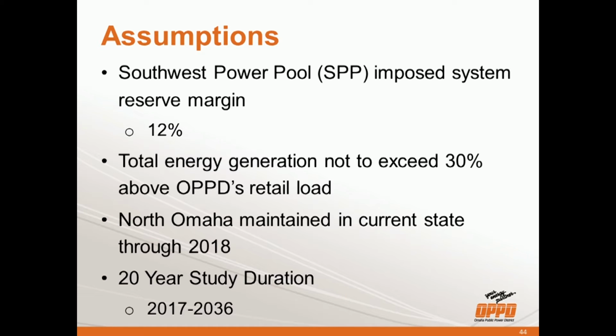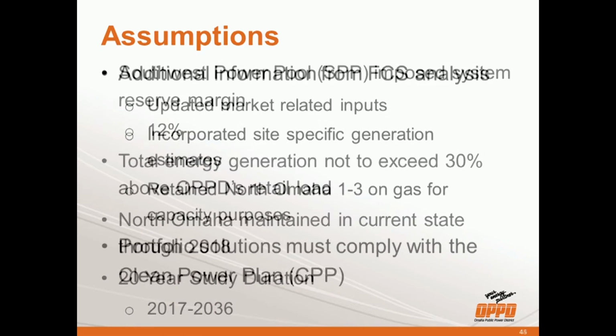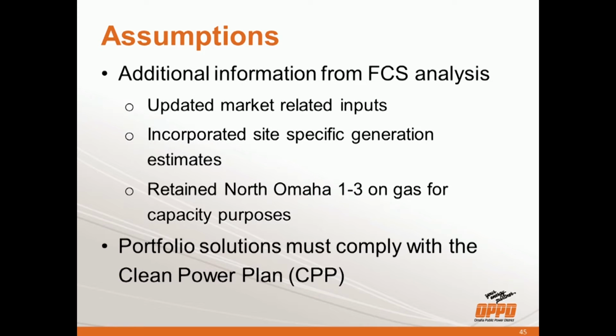Kind of the final set of assumptions that we use is there was a handful of things that we were able to update from the efforts that we went through from the Fort Calhoun Station modeling. We did update market-related inputs, so any sort of newer information that we had regarding fuel prices, regarding generic wind within the SPP, solar, and then also costs or estimates that we had for new utility-grade solar and wind that we got as a response from the request for proposal.